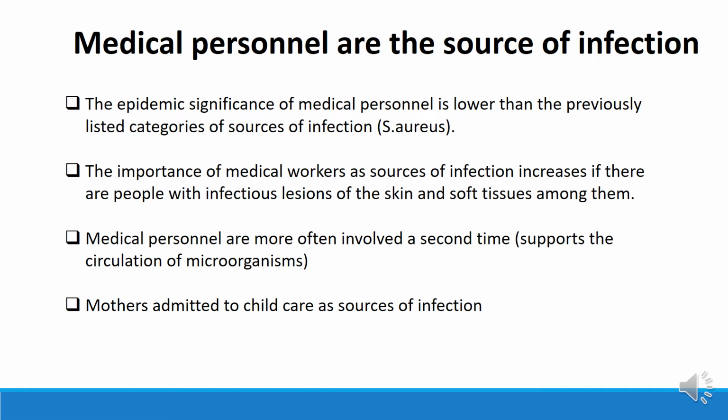The importance of medical workers as a source of infection increases in those with infectious diseases, such as skin and soft tissue diseases, in which medical personnel are more often involved, and of course mothers admitted to child care as a source of infection.